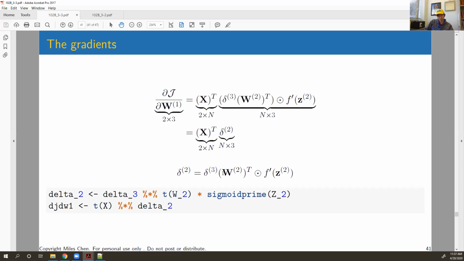I matrix multiply delta 3 by W2 transpose, and element-wise multiply by sigmoid prime of Z2. Sigmoid prime of Z2 gives me that, and this gives me exactly what I want. Then the result, dJ/dW1, is X transpose matrix multiplied by delta 2. That gives me dJ/dW1. So that works.